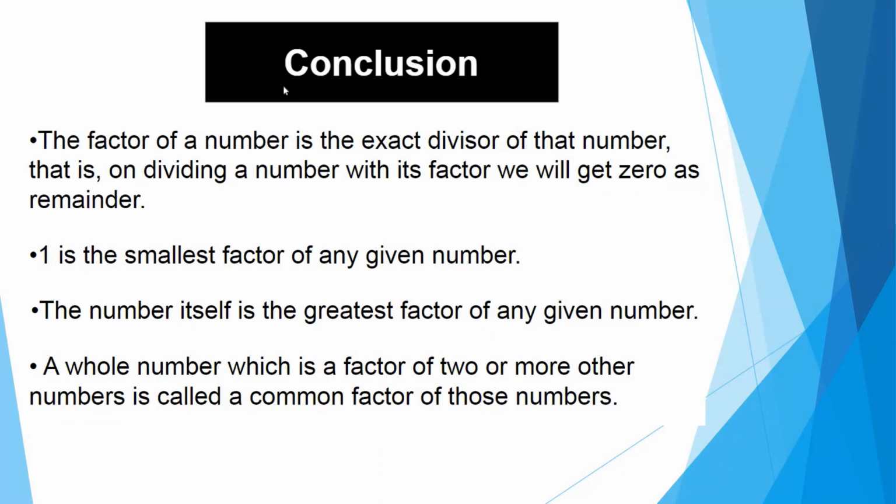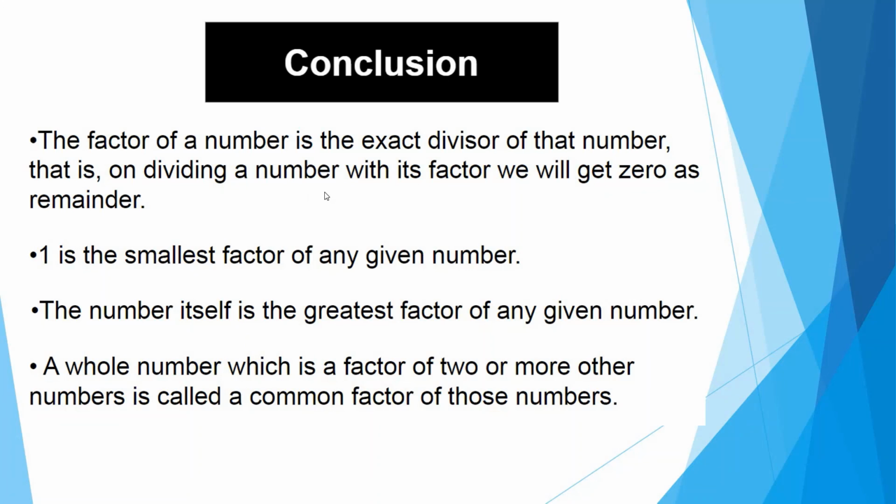So now let us have a quick recap of what we learned in today's video. We learned what is a factor, right? The factor of a number is the exact divisor of that number.